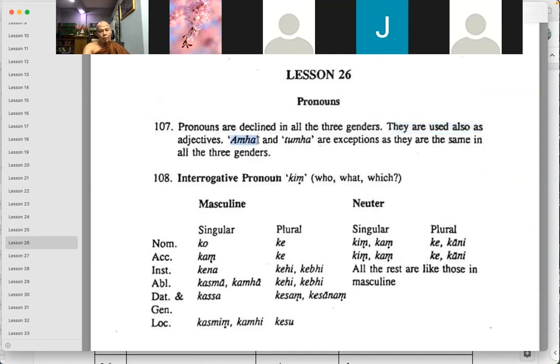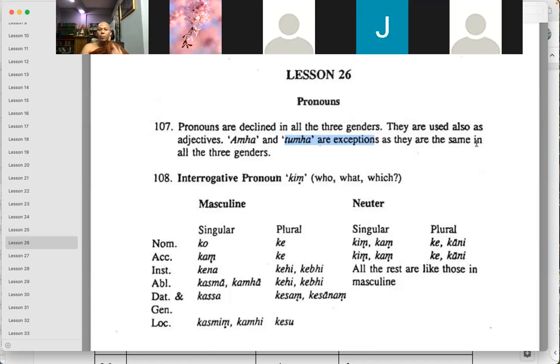But amha, the first personal pronoun, and tumha, the second personal pronoun, are exceptions, as they are the same in all three genders, that means genderless. So I can say 'I am a man', and a woman can also say of herself 'I am a woman', and so on in this way.